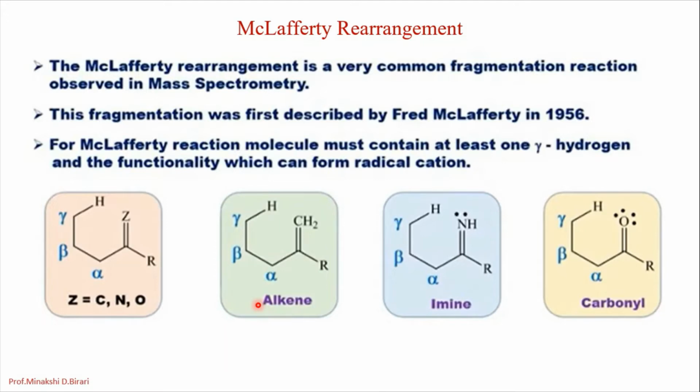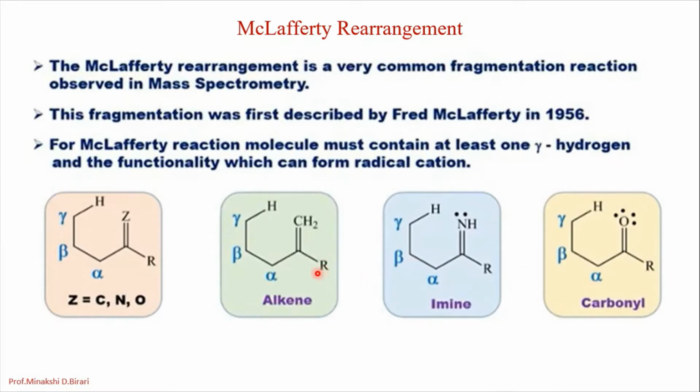The other examples are alkene, then imine or carbonyl. These are also molecules which can undergo McLafferty rearrangement because they satisfy both conditions. The first condition is that the molecule must contain at least one gamma hydrogen, and the second condition is a functionality which can form a radical cation.